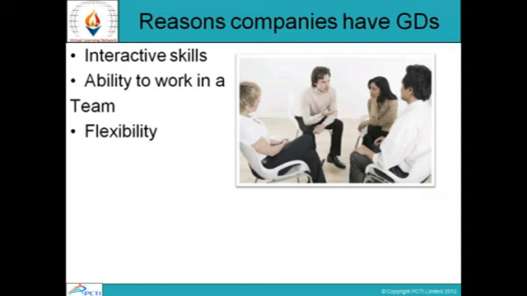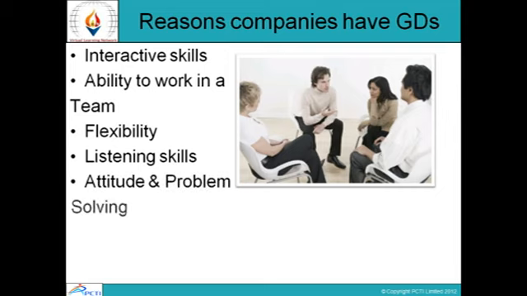Flexibility: how much the person is able to accommodate other people's views and whether the candidate is open or not. Listening skills: companies come to know how willing the candidate is to listen to others as well as accept their views.